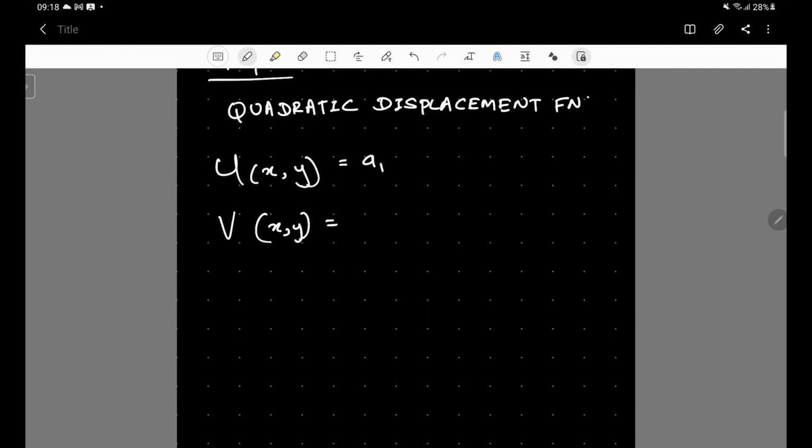Since we are applying a quadratic function, we can define it like this: a1, a2 x, a3 y, a4 x squared, a5 x y, and a6, obviously, y squared.